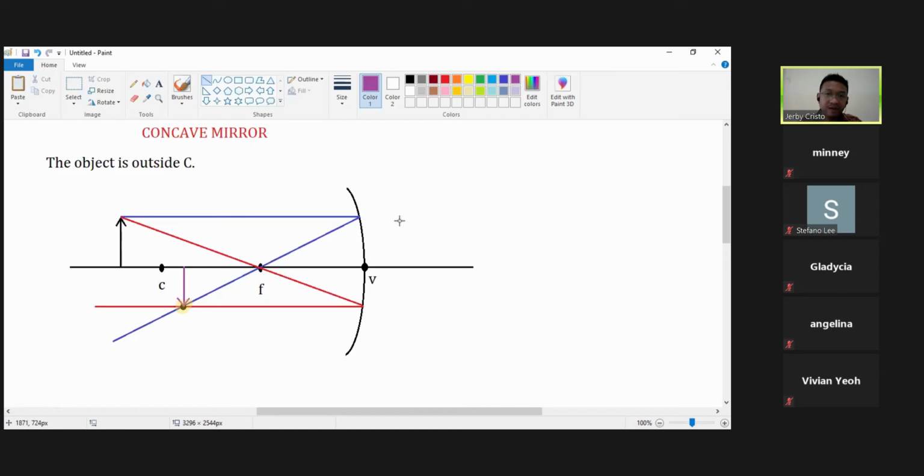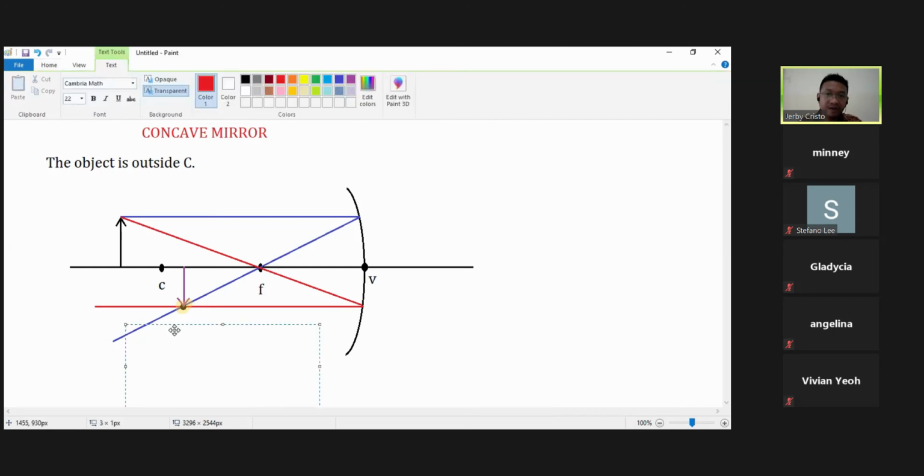Now, out of this diagram, we are going to draw a conclusion that will describe the image form in this given situation. When you present the conclusion, you present it this way. You start with the type of image, whether it is real or virtual.